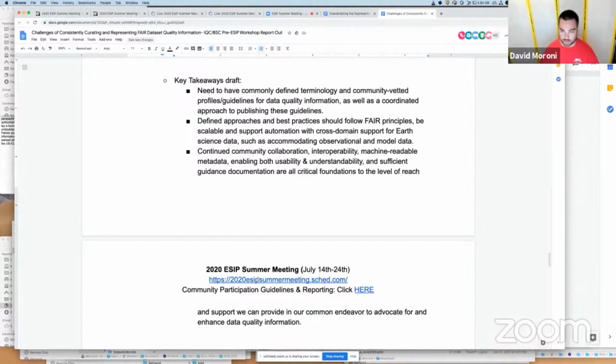and making sure that these follow the FAIR principles, ensuring that these are scalable and support automation with cross-domain support for earth science data, such as accommodating observational and model data.